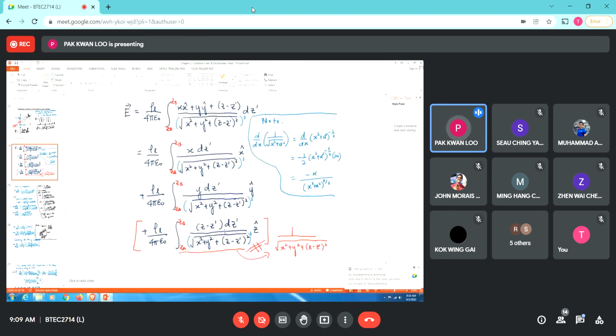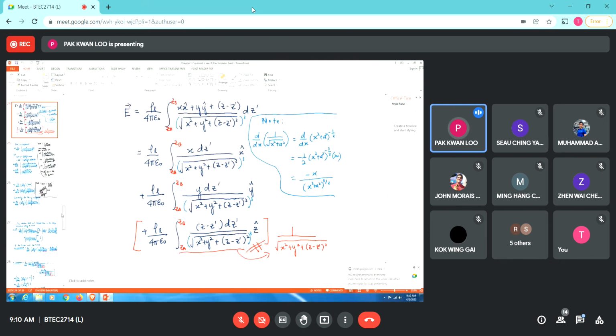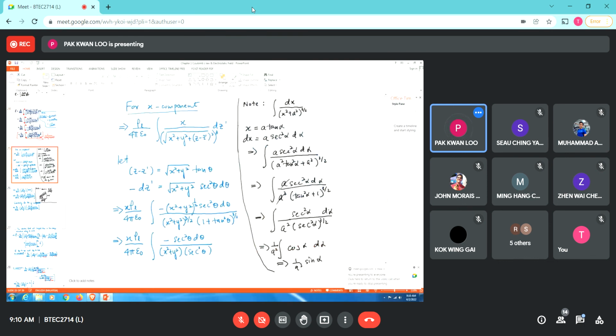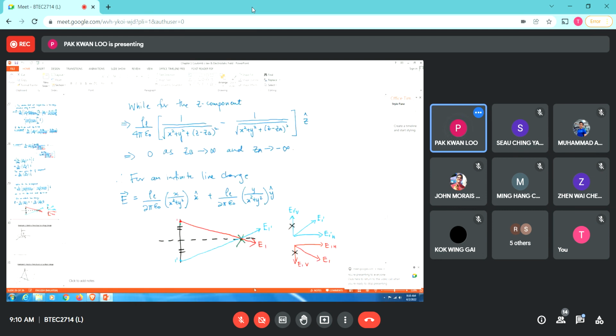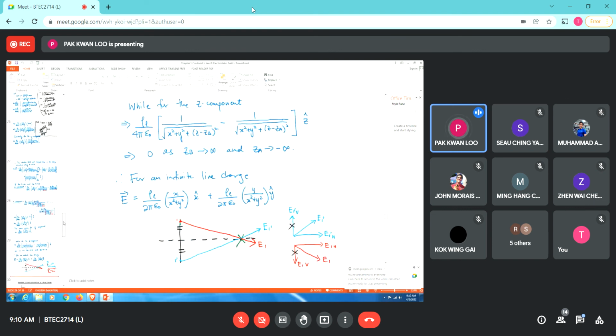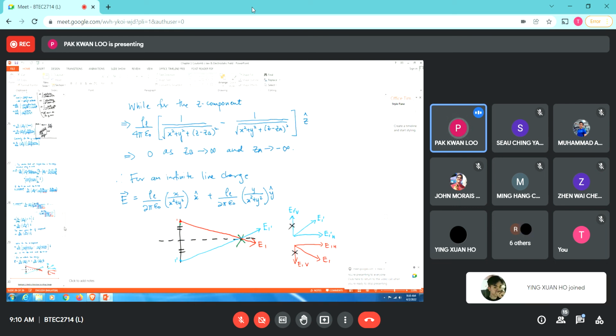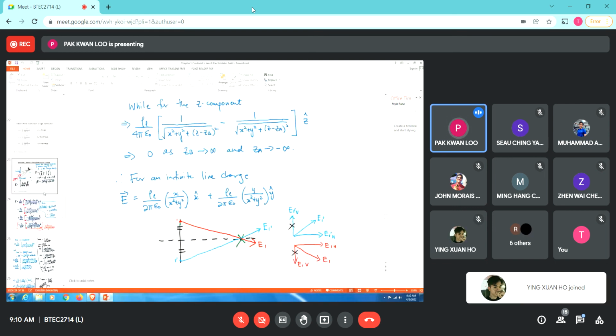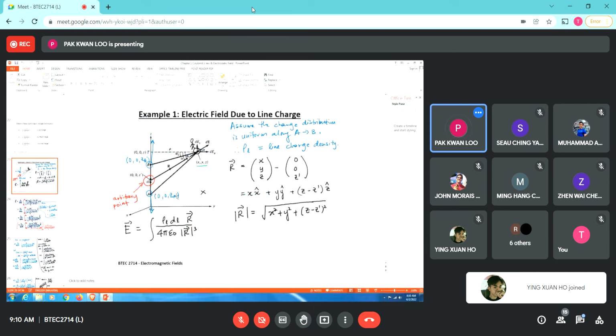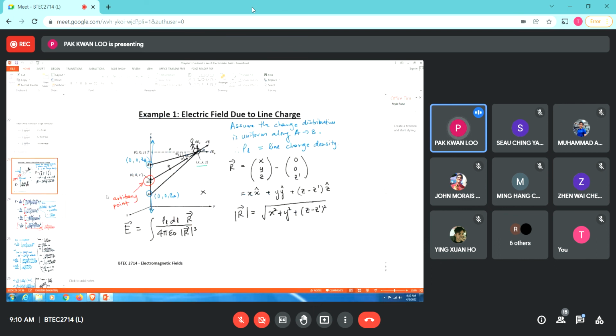So in 5 minutes time, if no questions, I will continue with where I left. I'm going to show you the second approach. The first approach is using Cartesian.